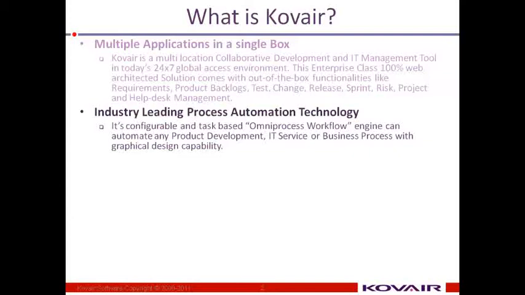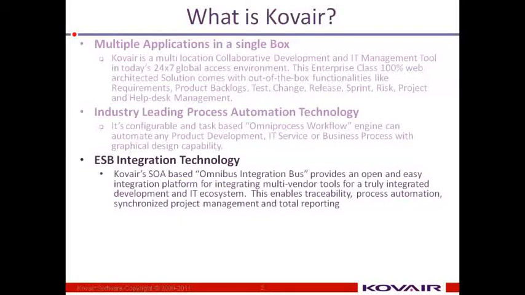We also have something called the Enterprise Service Bus Integration Technology. As I mentioned in point one, Kovair is multiple applications in a single box. But nevertheless, as a company, no doubt you have your own third-party tools for development, testing, quality control, etc. And so you would like a product that can integrate to those third-party products.